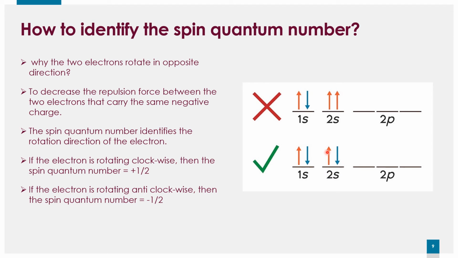Okay, if the arrow is rotating clockwise, this means that its spin quantum number equals positive half, and if the electron is rotating anti-clockwise, then the spin quantum number equals negative half.